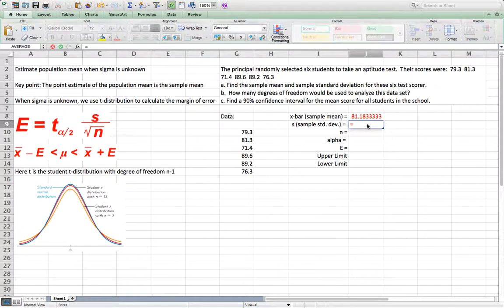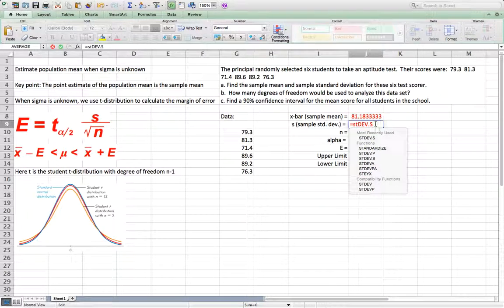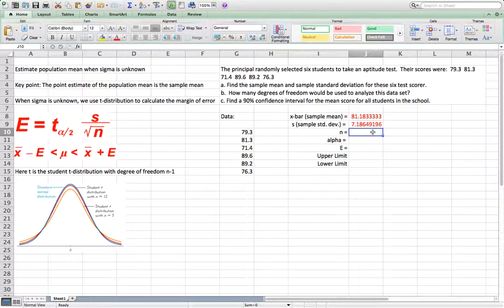Now, for the standard deviation, you need to pay attention. You need to use the standard deviation for the sample. Then you also drag through this data range, then hit enter. This answers the first question. Second question, how many degrees of freedom? Well, if your n is 6, then the degrees of freedom will be 5.